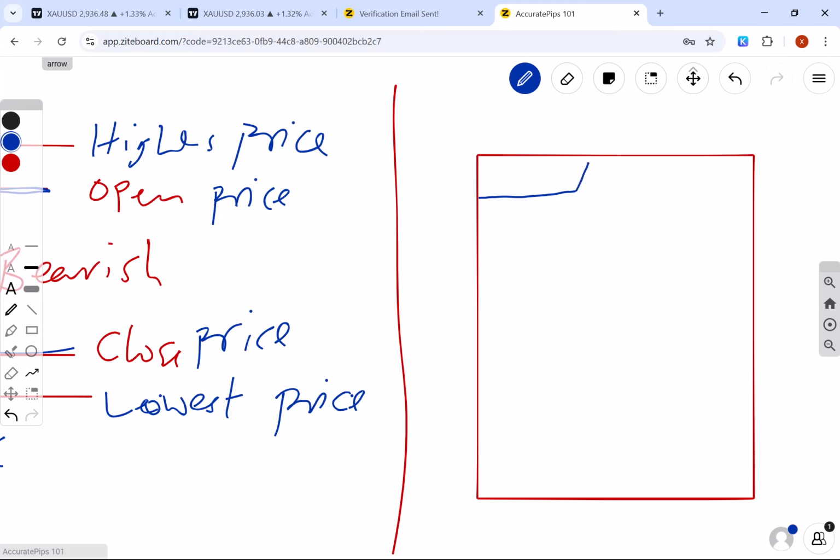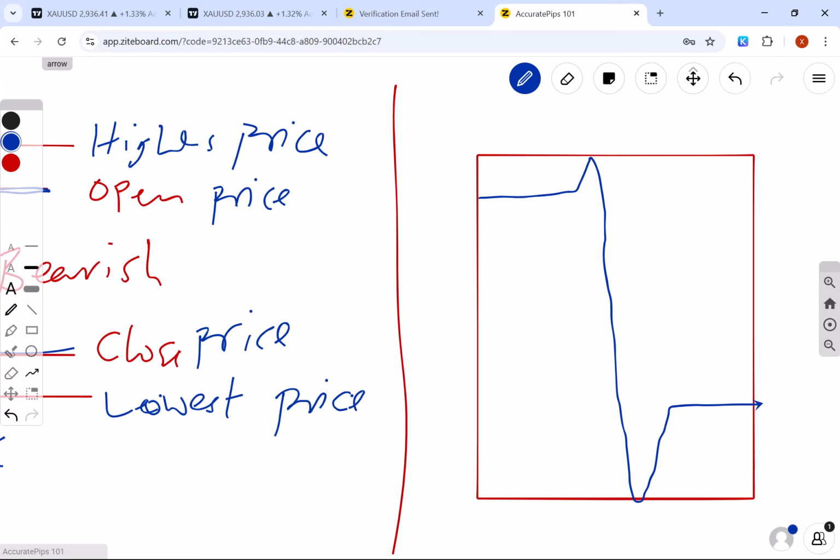Then price pushes up to form the highest price, and then pushes down, down, down to form the lowest price. And when it is done, it reverses a little bit and then price closes here.